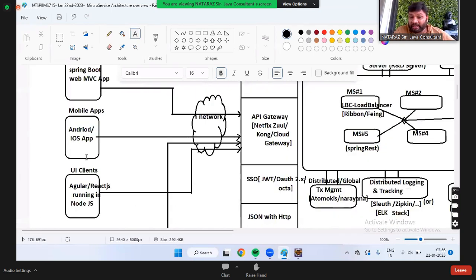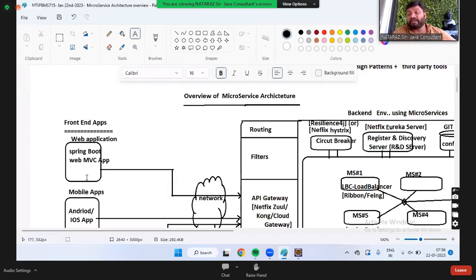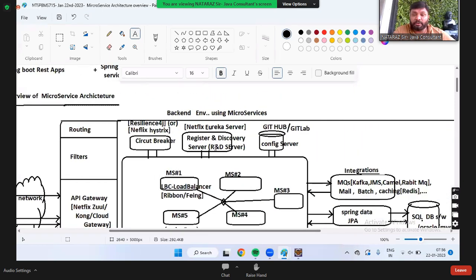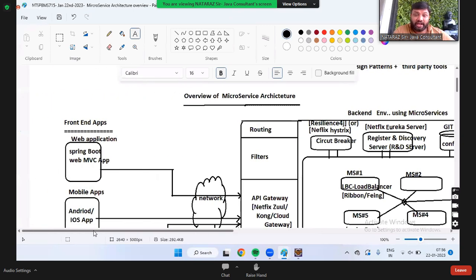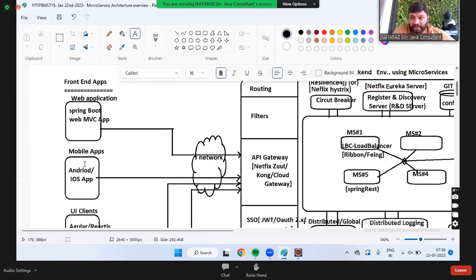Now listen, guys. These are the different clients, boss, to use microservices. Take Flipkart.com, which is developed using a microservice environment, having each service as a separate microservice. To access those services, different types of front ends are possible now. We can visit Flipkart.com as a website, as a web application, we can access services.